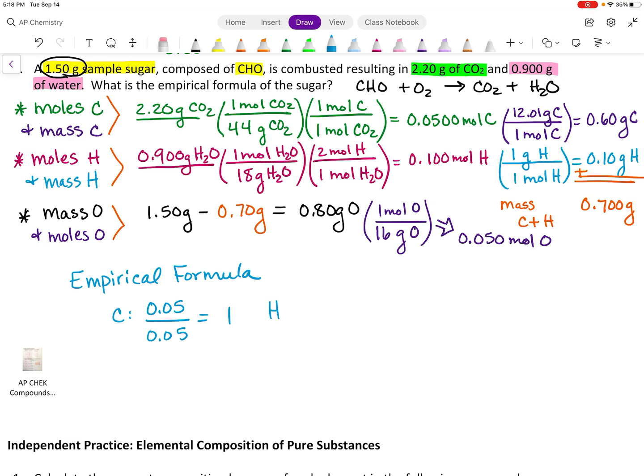For hydrogen, it's 0.1 divided by 0.05, and we find that that is a 2. And for oxygen, it was also 0.05. So that means we are going to have a ratio of 1 on that as well. And so now our empirical formula we can write as CH2O.